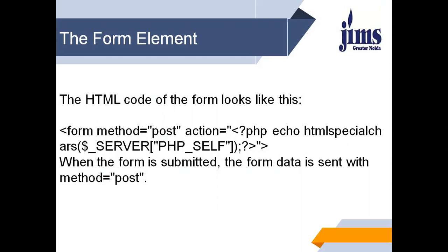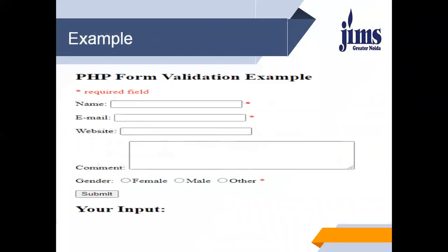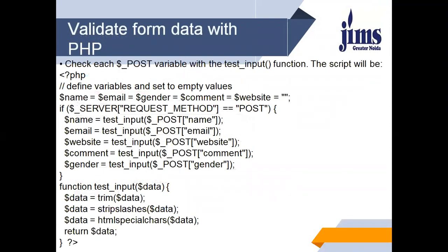We have discussed about method get and post in the last lecture in detail. Suppose we have this form. Now we want to validate this form: name, email address, website, comment, gender, male, female, other, submit. So when the form is submitted, form data is sent with the method post.